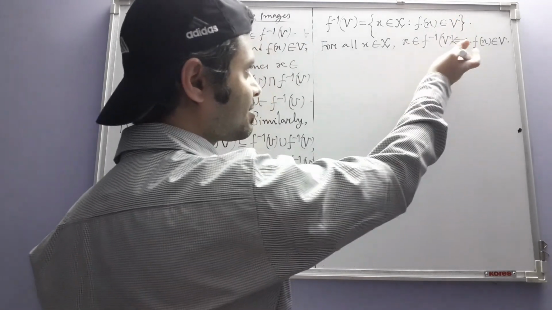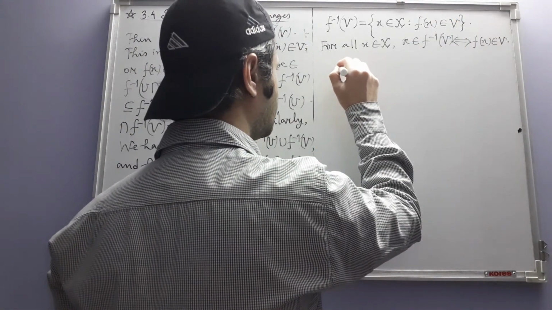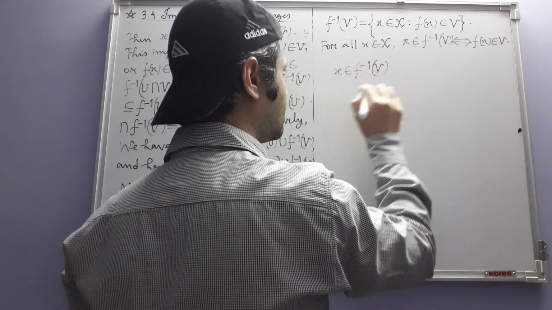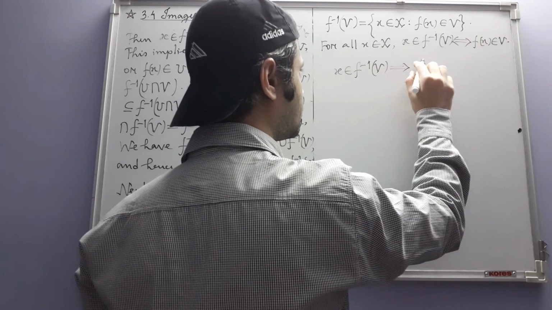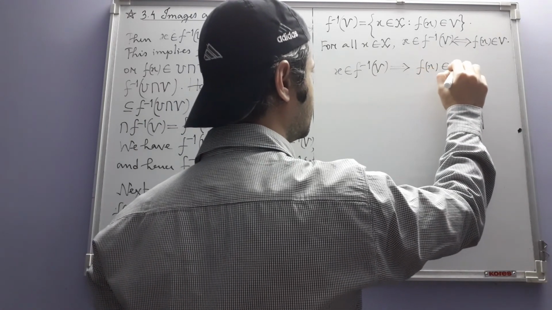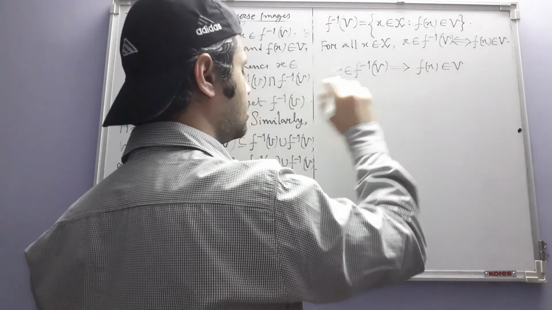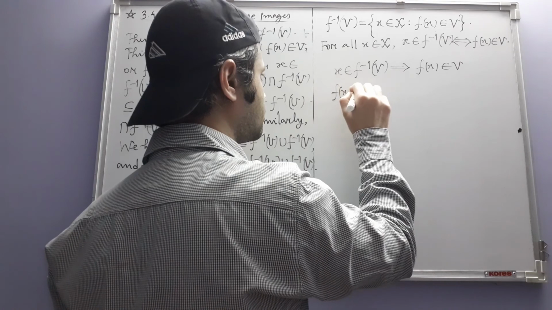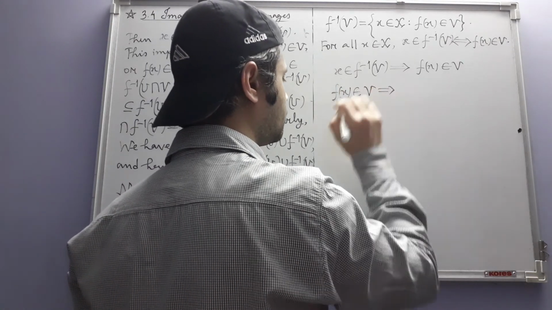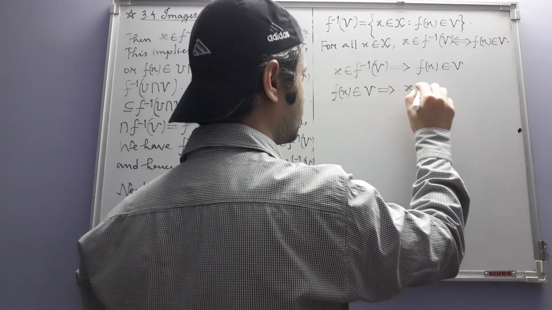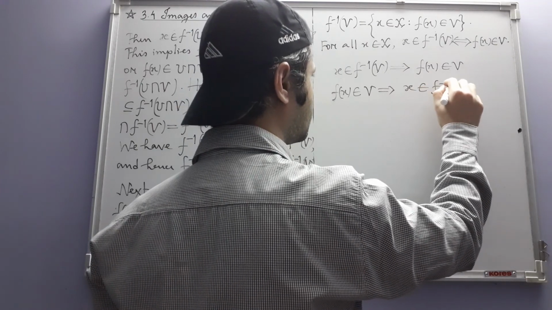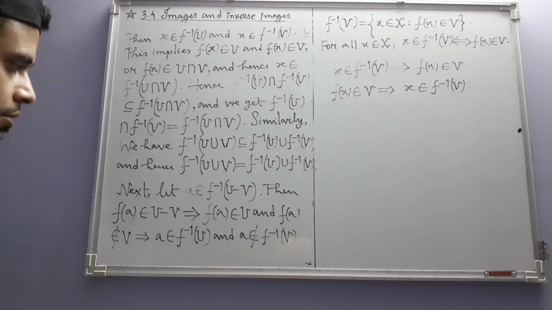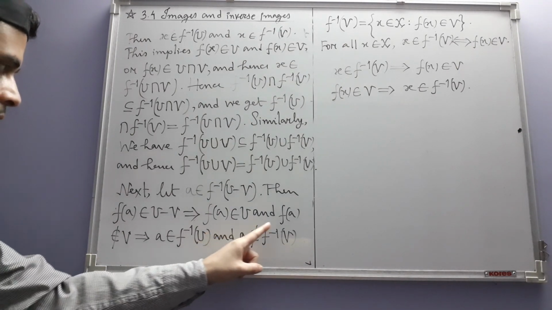This actually has two implications, right? One of them is x belongs to F inverse of V implies Fx belongs to V, and the other one is the opposite one. Fx belongs to V implies x belongs to F inverse of V. Okay, now here what do we have?